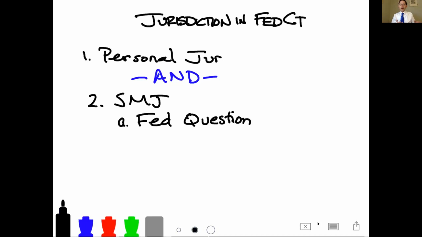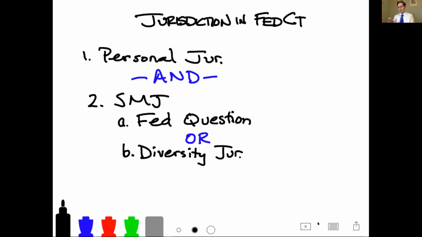To help you understand this, it can be a federal question, or B, here we're going to have diversity jurisdiction. Just for clarification's sake, if you have diversity jurisdiction, then you can go to the federal courthouse.